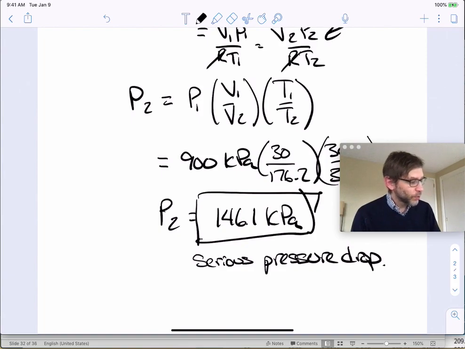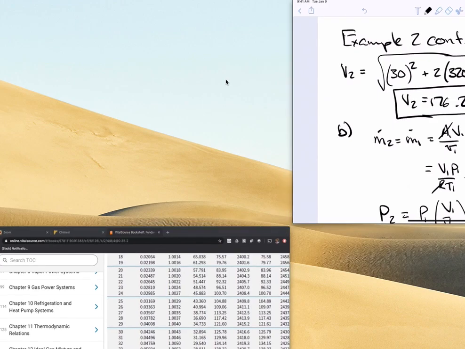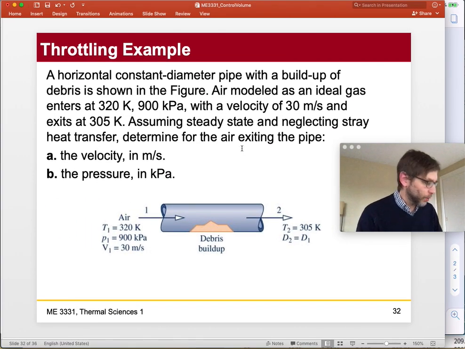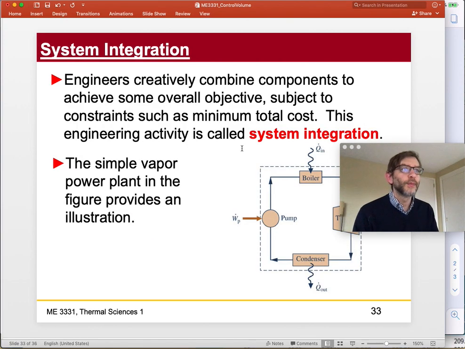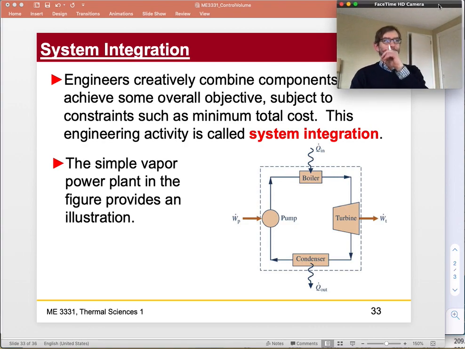Okay, so that's good. I think I'm gonna quit here today because I don't want to go into system integration. So I'll just give you a little preview. System integration is the next thing we're going to talk about. On Friday's lecture I will go into detail on system integration and do a couple examples of how we put all these systems together and how we define control volumes.